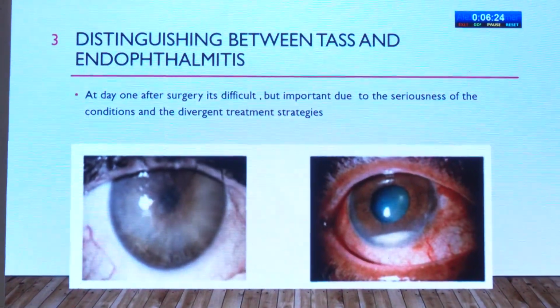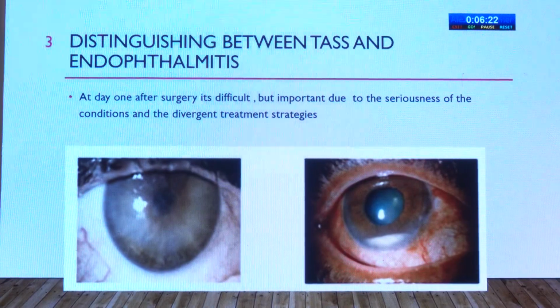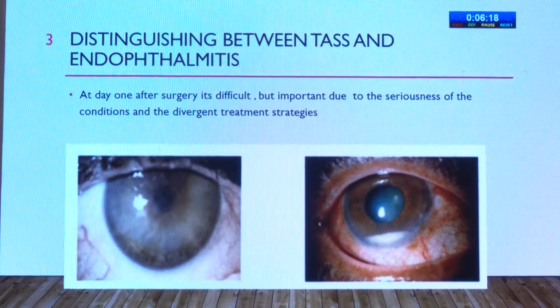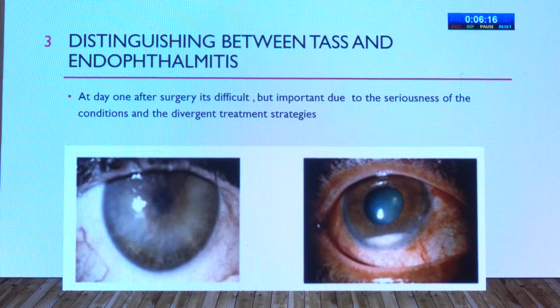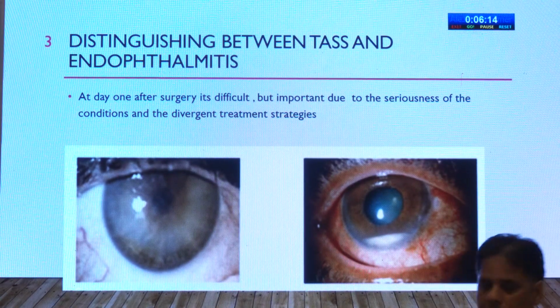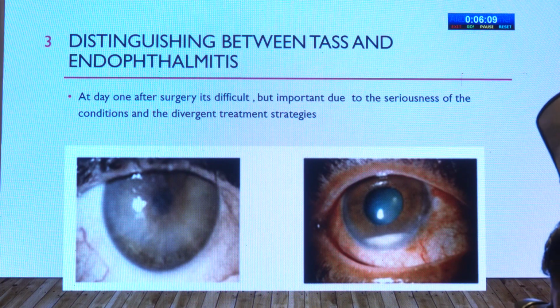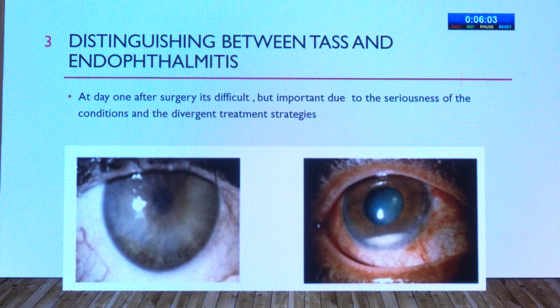First thing, before diagnosing endophthalmitis, we must think about TASS as well. Distinguishing between TASS and endophthalmitis at day 1 after the surgery is difficult, but it's important due to the seriousness of the condition and the divergent treatment strategies, as both have different treatment modalities.